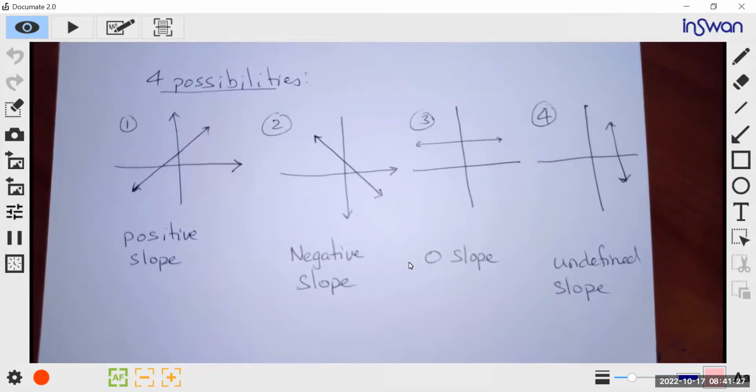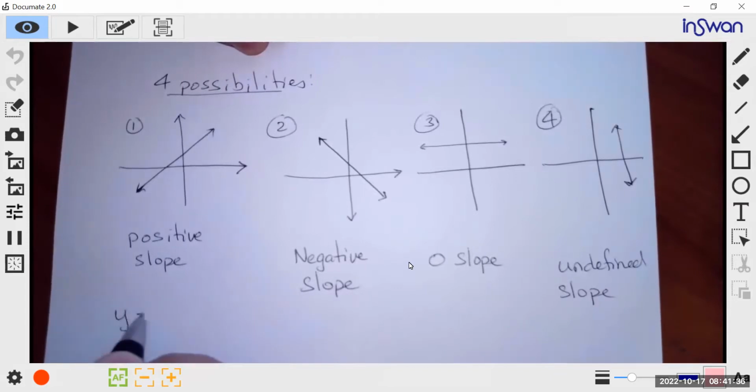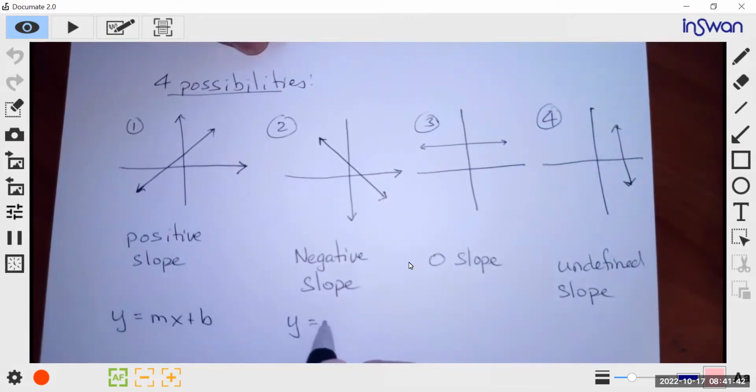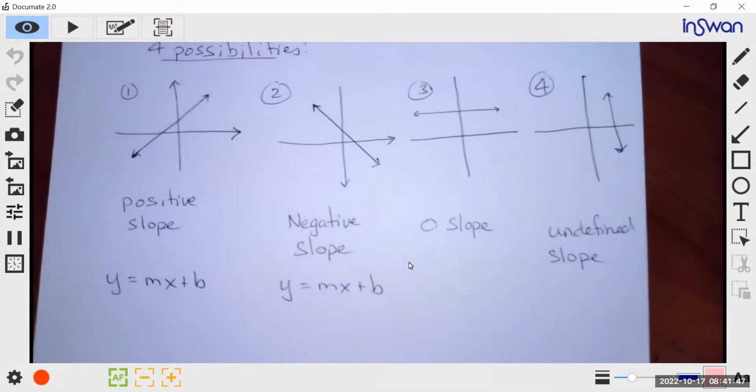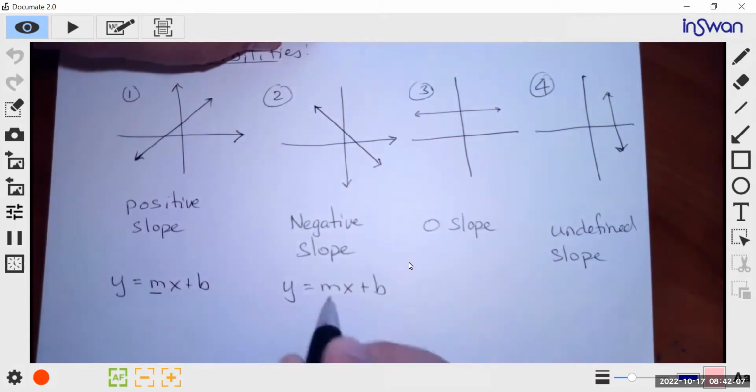Now, we can also determine what the slopes are from the equations of the lines. These first two have the same structure. Whenever you have an equation with two variables, solve for y, and whatever's in front of your x is your slope.